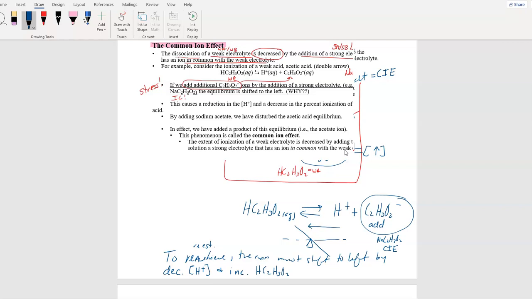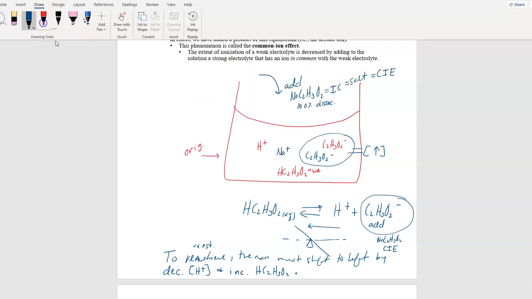What will happen to pH? That's a good question. If my hydroxide is decreasing, your pH will change, and we have an equation that will help us figure out that pH change.